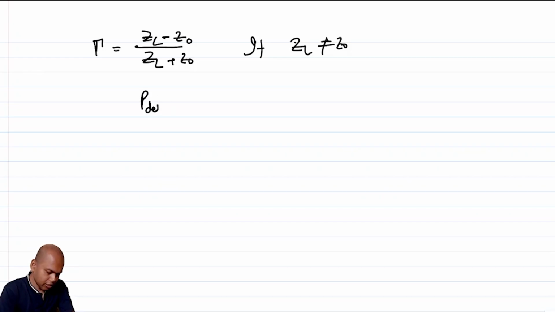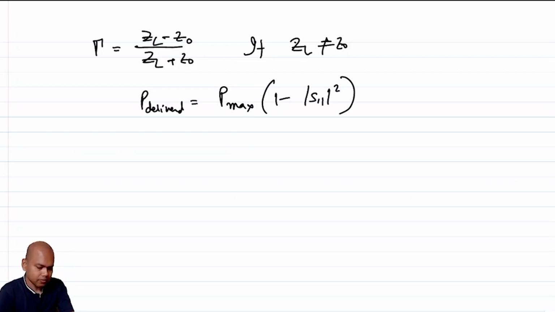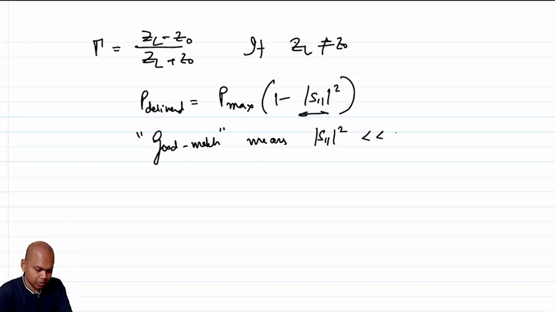P delivered is equal to Pmax times (1 − |S11|²), right? So this corresponds to the reflected power, right? So good match means |S11|² should be much less than 1, right?